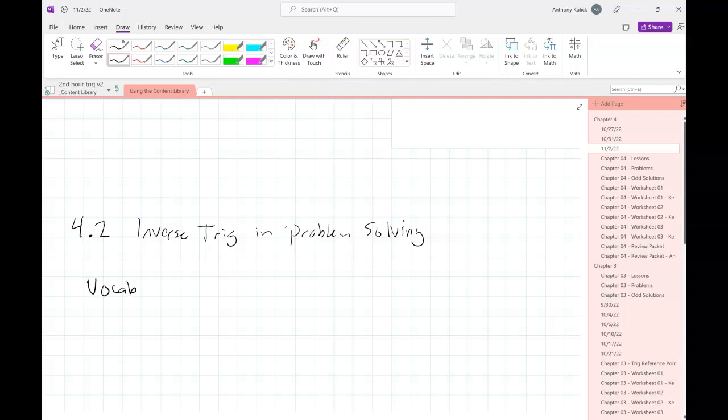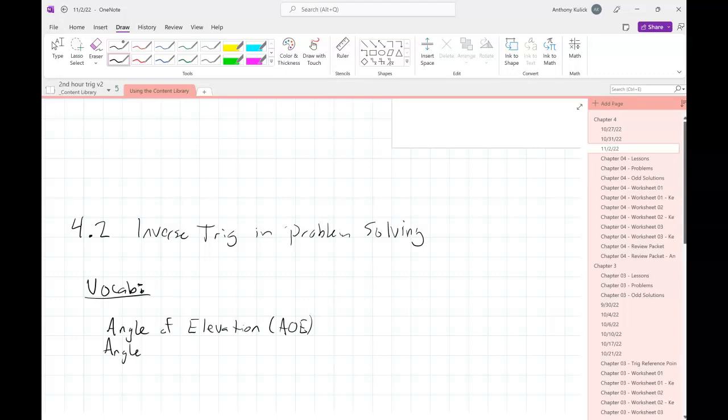So I want to start with a little bit of vocab. There's two terms here that are going to be important. The first is angle of elevation. I often will abbreviate that AOE, angle of elevation.